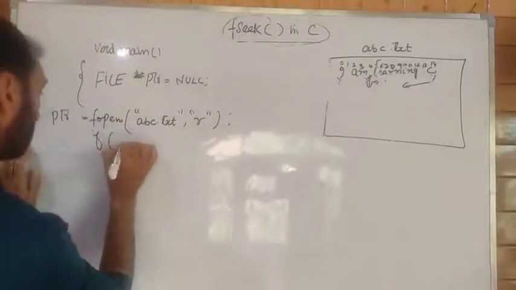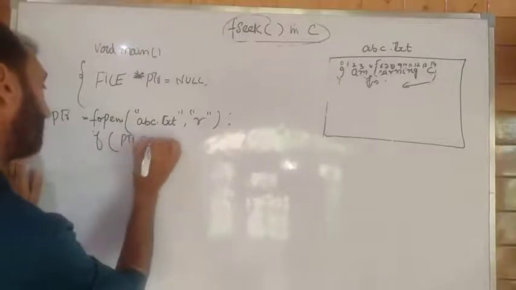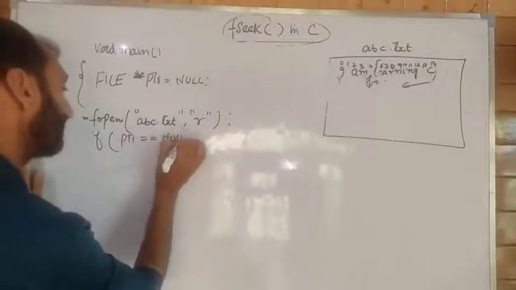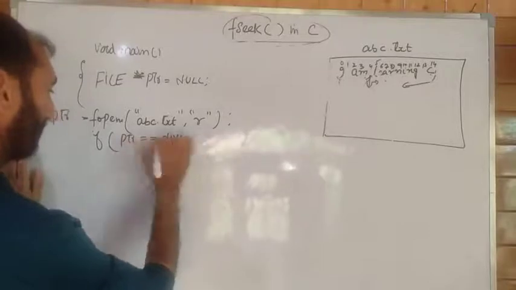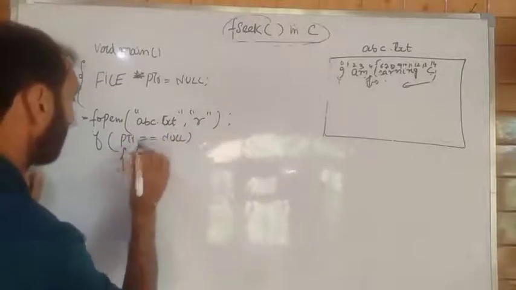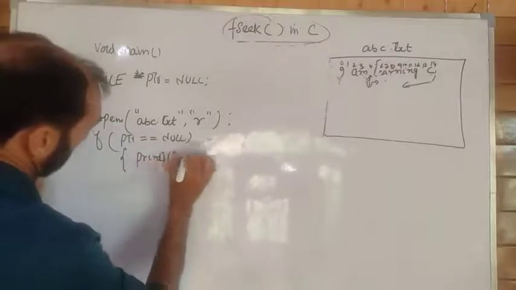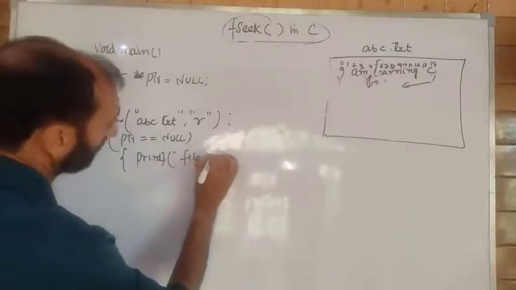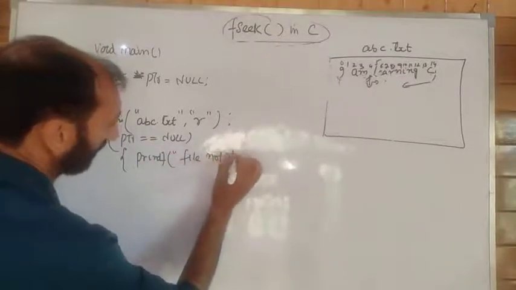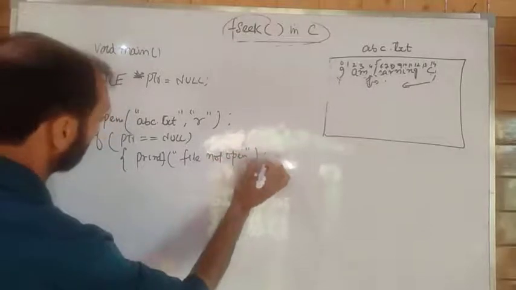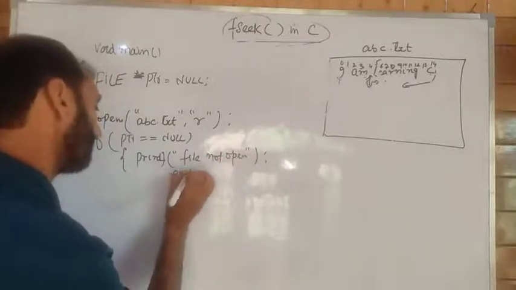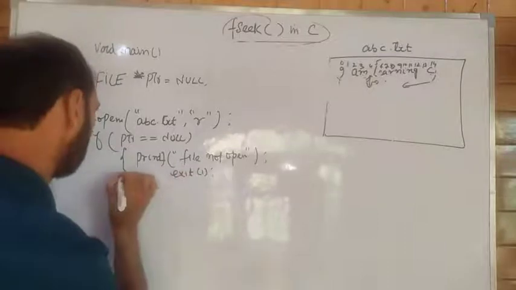First we will check if ptr equal to NULL, then simply printf file not open, or you can print any message here, exit 1, and that is it.